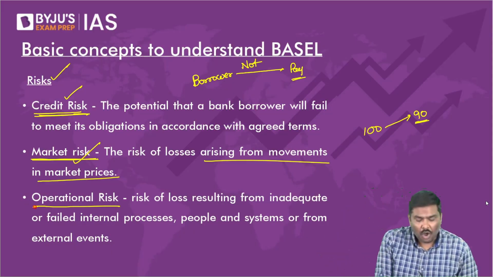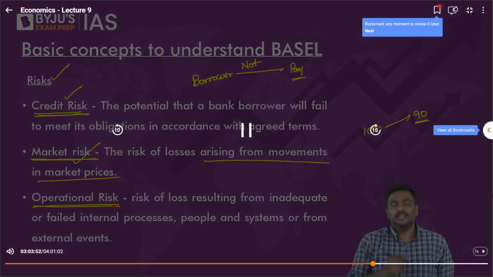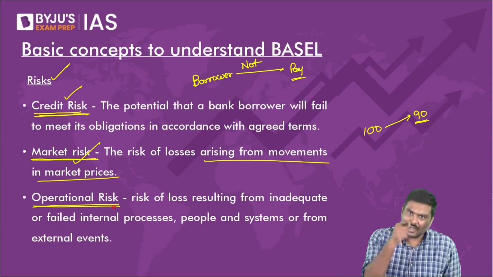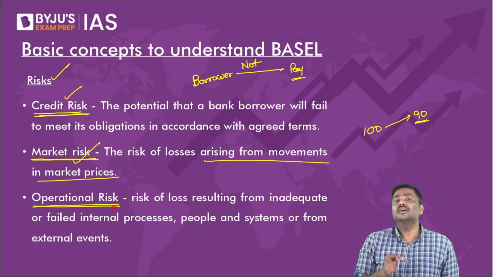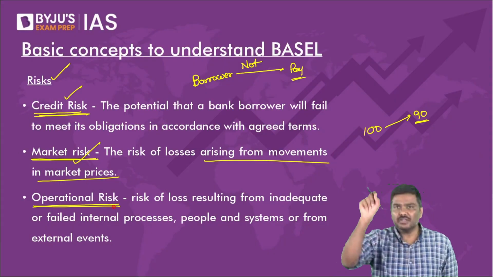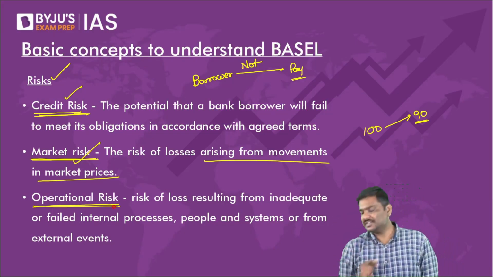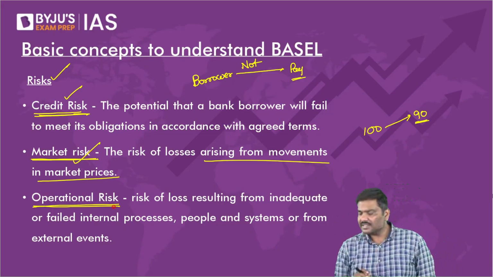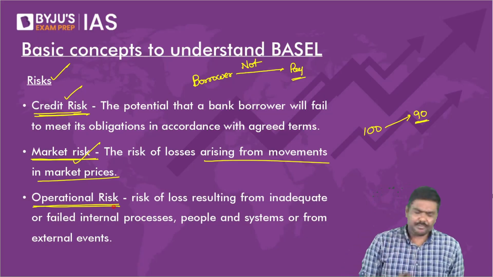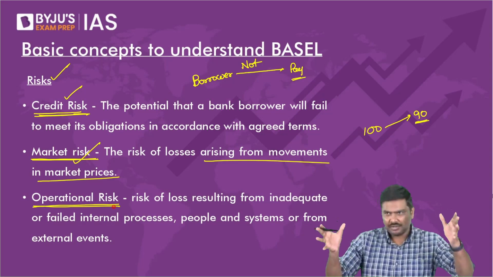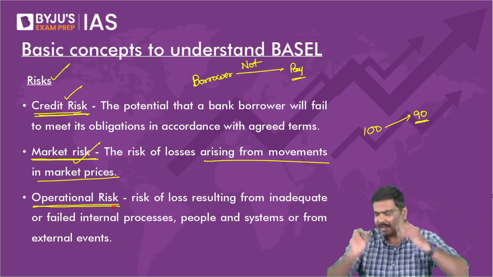Third one, operational risk. The risk of losses incurred by the bank because of the systems, because of the people, because of the processes, etc. Let me give a very simple example. Imagine you deposit a huge amount of cash in a bank.